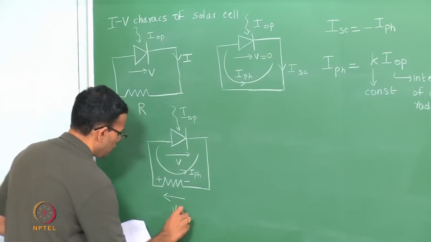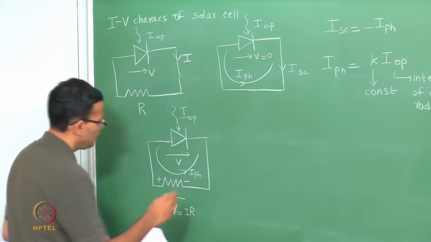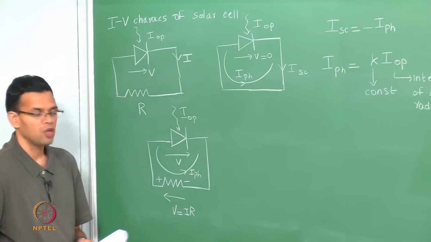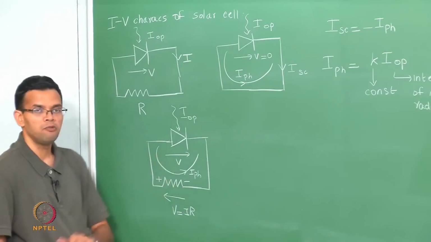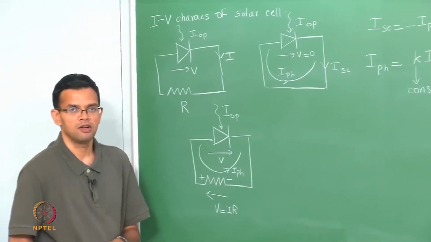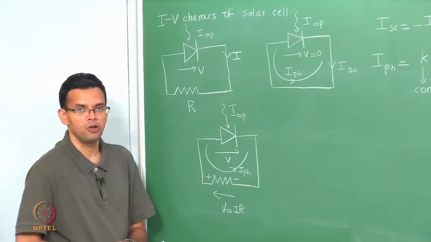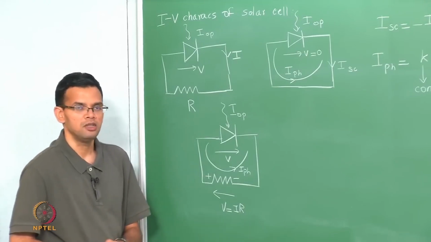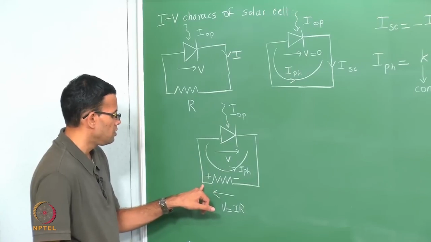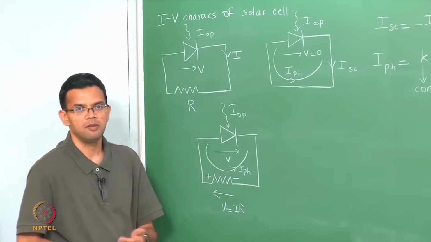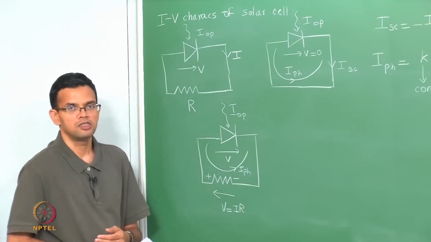This voltage across the resistor is IR, and this voltage opposes the inbuilt voltage of your PN junction, because any PN junction has an inbuilt potential or an inbuilt voltage which is your contact potential, and the photocurrent basically generates an external potential that opposes this.